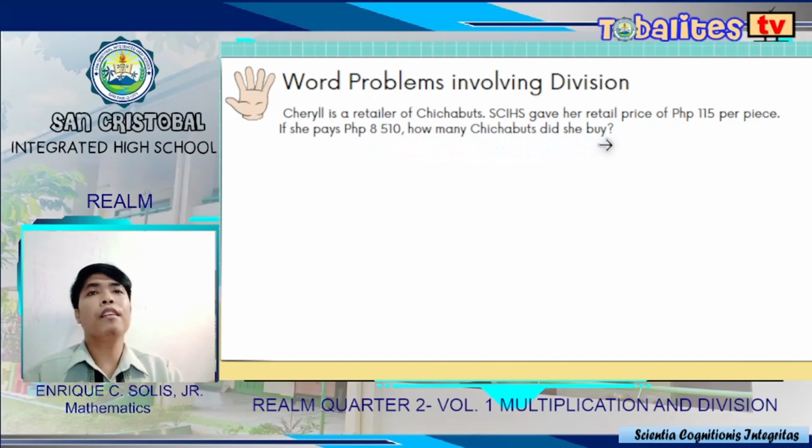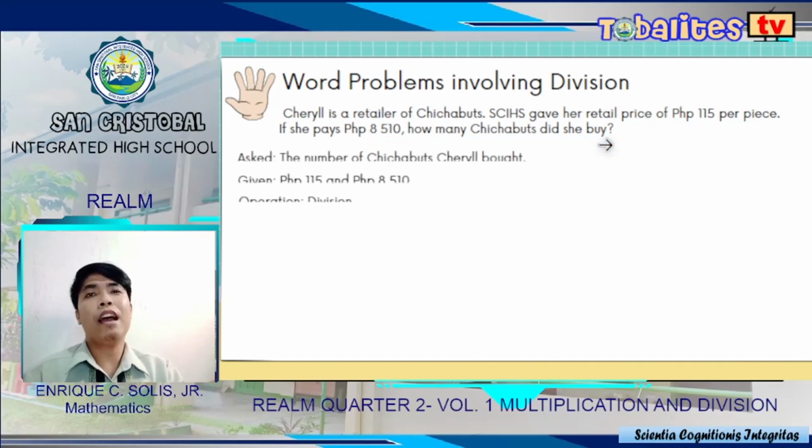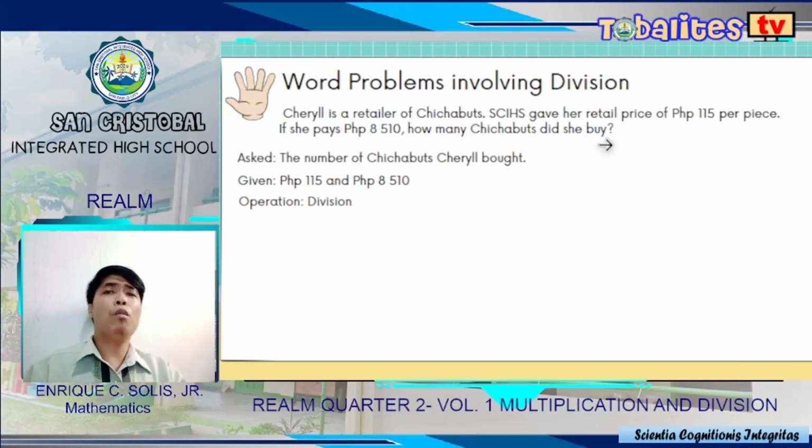Again, in dealing with word problems, you must first identify what is asked in the problem. What is asked is the number of chicha boots Cheryl bought. Next are the givens: 115 pesos and 8,510 pesos. The third one is the operation to be used, which is division.